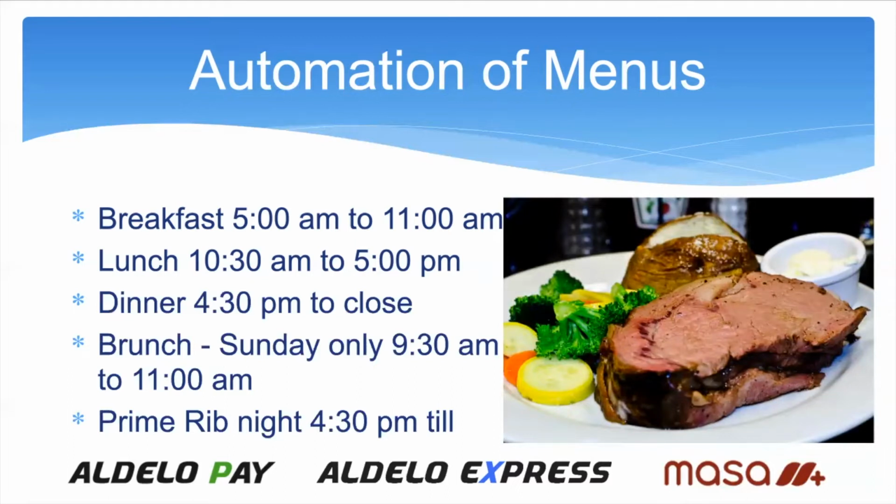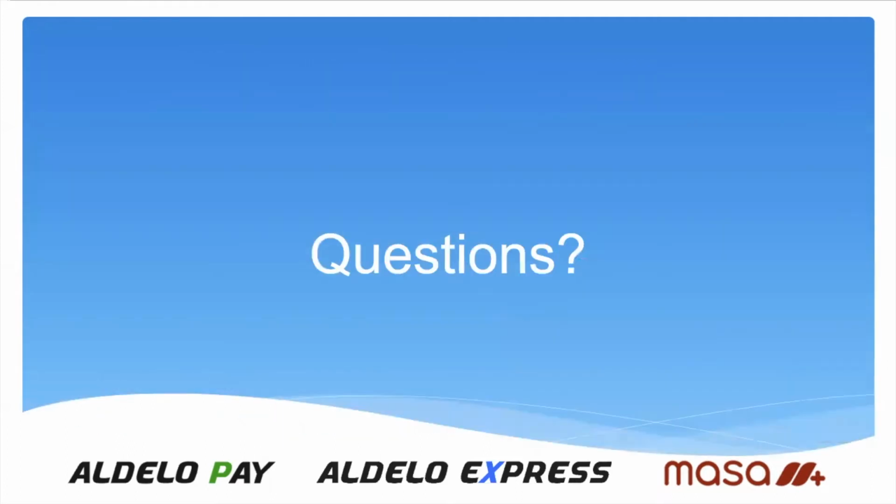Only prime rib night would then pop up on that Friday at 4:30 and go until, and until might mean until they run out or until closing, whichever they use. If you're using the 86 or the item countdown feature, then it would be until they ran out. So this is how the product groups and menus would operate.